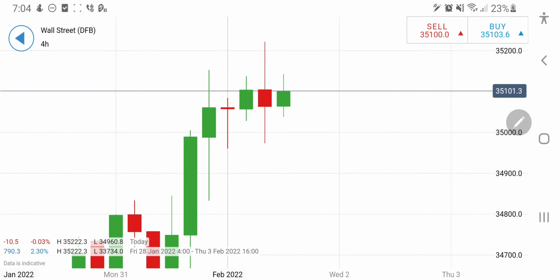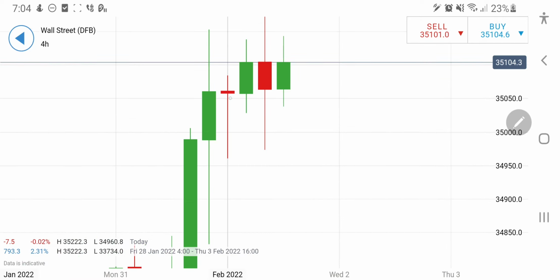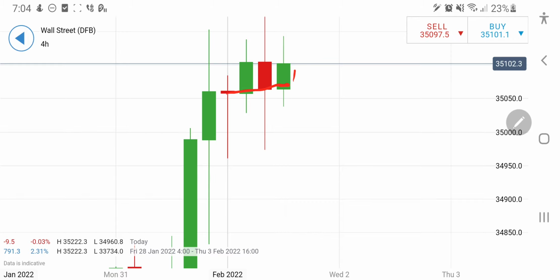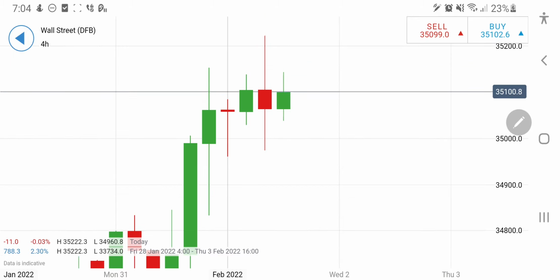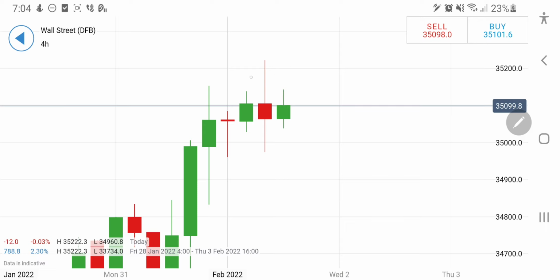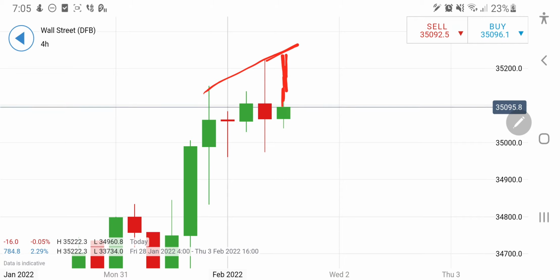But yes, till the time it remains above this zone at 35050, definitely it may try to rise, and it can rise strongly towards the first target, which could be at around 35250 if it continues to rise. So above these levels, we can remain long. But yes, a good entry to go short will be at around 34970 levels.